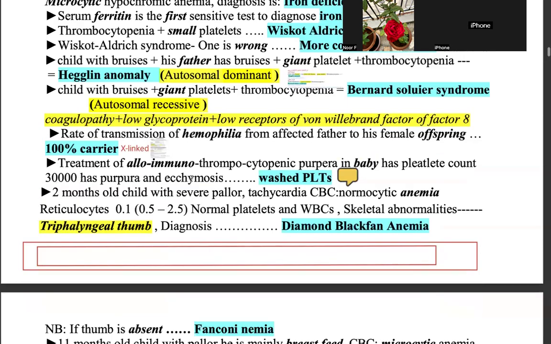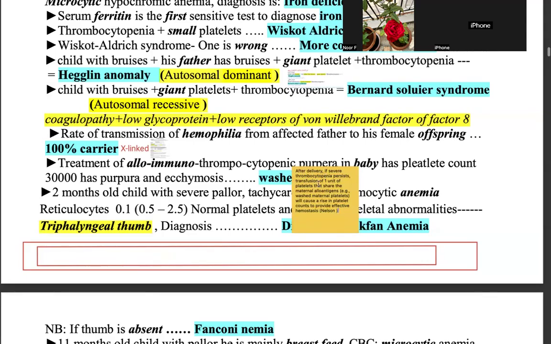Next is treatment of autoimmune thrombocytopenic purpura in a baby with platelet count 30,000, has purpura and ecchymosis. It is only platelets. Why not the IVIG? Let's see what explanation he has given.